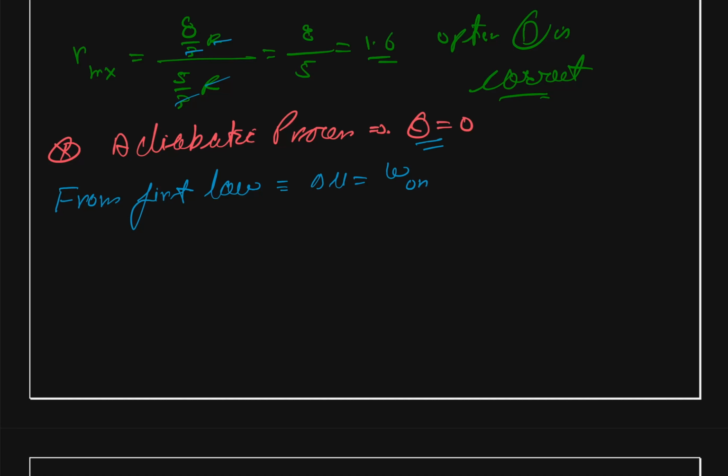And we can write that the work done on the gas will be equal to delta U, in terms of the temperature, n C of V for our mixture times final temperature minus initial temperature.